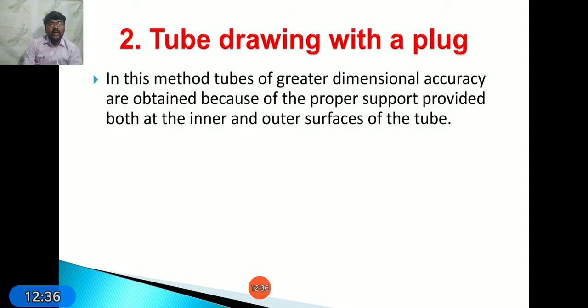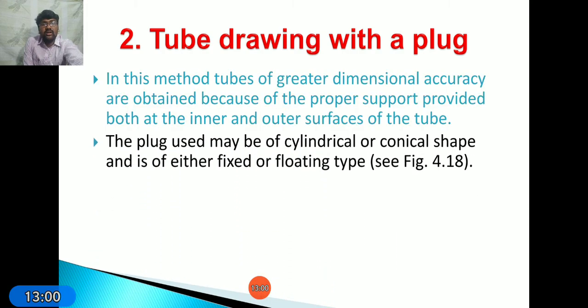Before, in tube sinking, no plug was used; here we use a component known as a plug. By using this, we get accurate dimensions because proper support is provided at both the inner and outer surfaces of the tube.